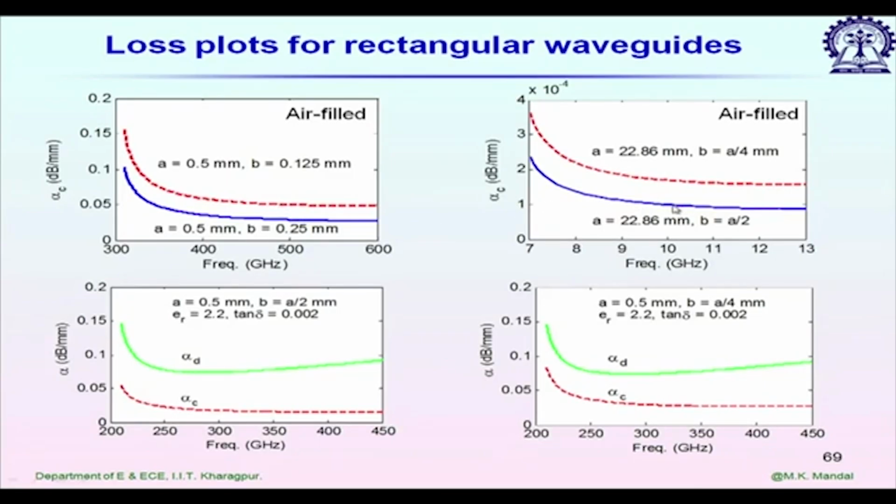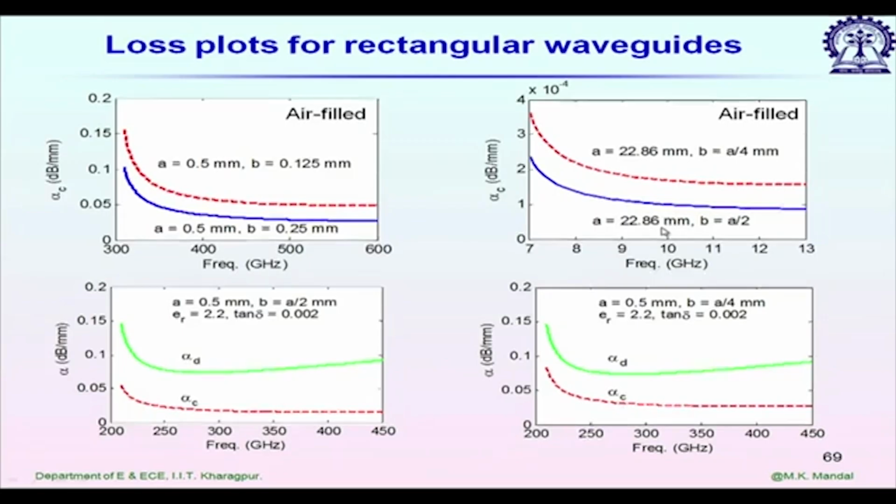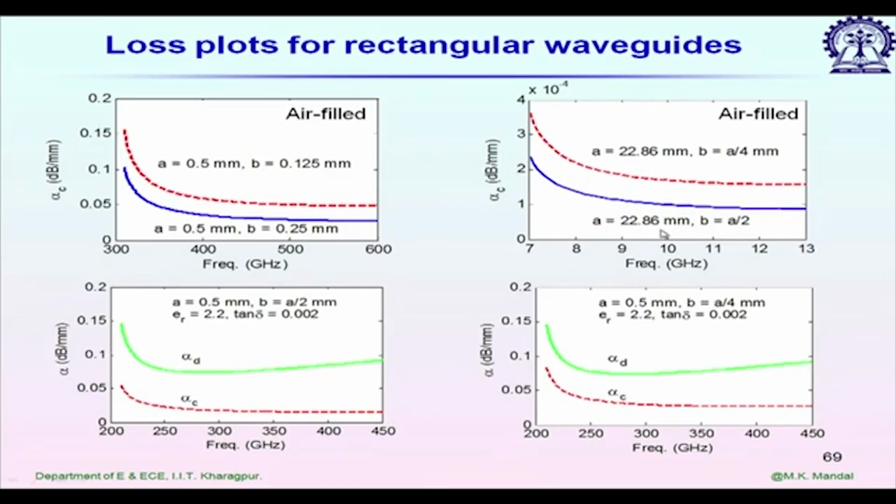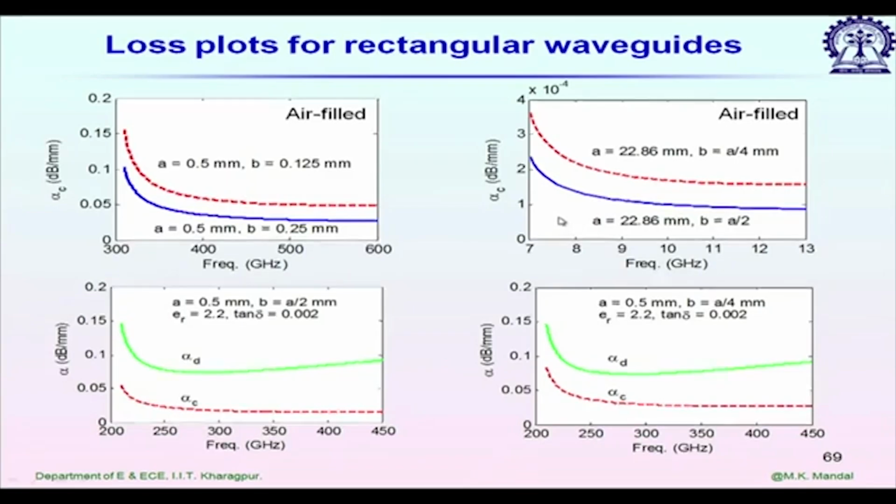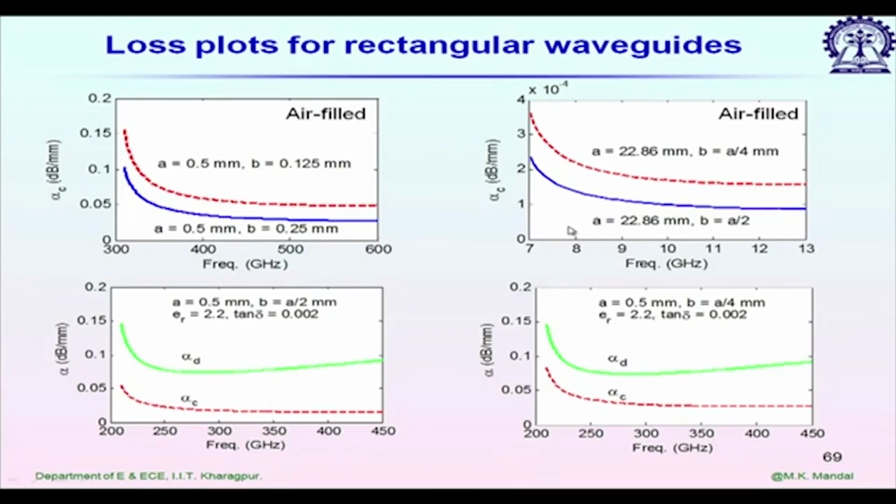Right side for the X band, this is for the standard WR90, A is 22.86 millimeter and B is equal to half of this. We have cutoff frequency approximately at 6.35 gigahertz, and the blue line corresponds to the alpha c variation of WR90.